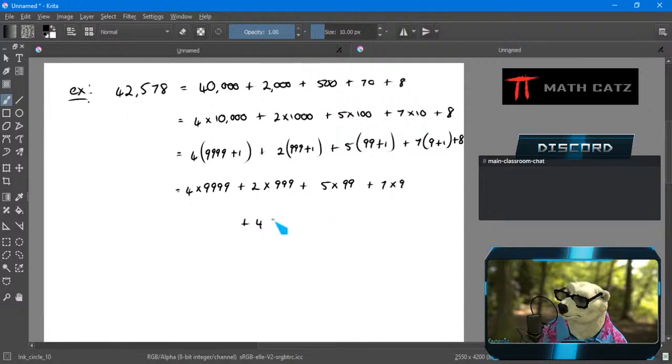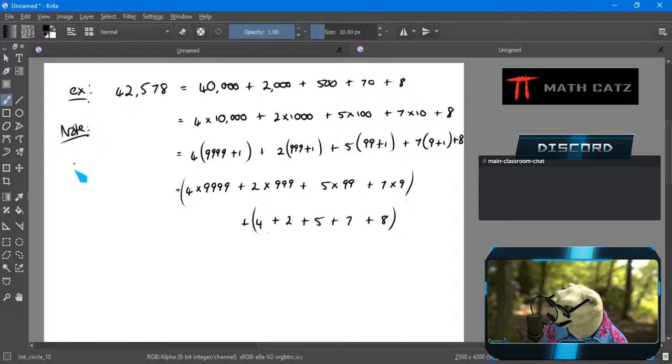And the other things here I have is 4, 2, 5, 7, and 8, which we eventually noticed are the sum of the digits. So, not 4. 9 is what I'm looking at. 9 is going to divide into 9,999. Obviously, 999.